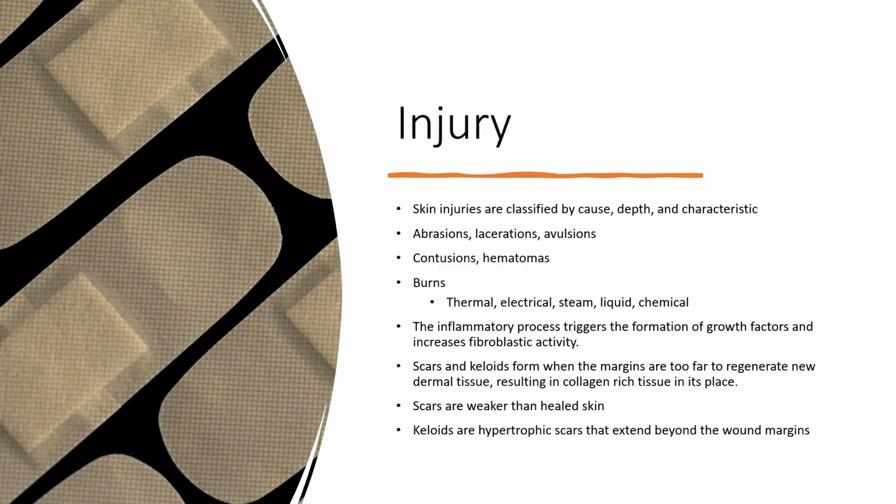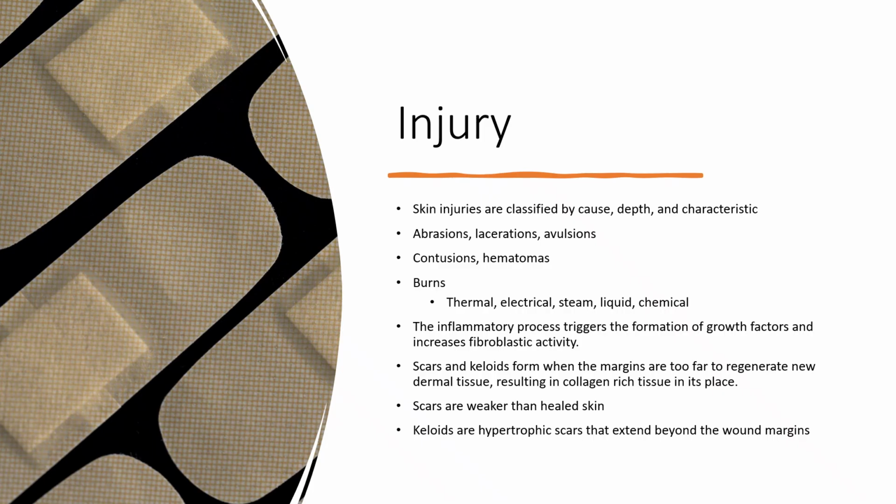Injuries to the skin, we have all sorts of types of injuries. You're going to learn more about this in the classes that you're going to take after this, so I'm not going to spend a ton of time on it, but we have abrasions, lacerations, and avulsions. These are different types of ruptures in the skin. Abrasions are surface layer down to the dermis.